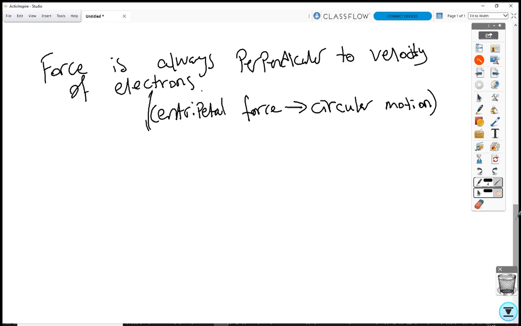So, we can then make an equation that relates the force due to the magnetic field to the centripetal force. So we say that BeV, or BQV, in this case because electrons BeV, is equal to mR omega squared, which is centripetal force.